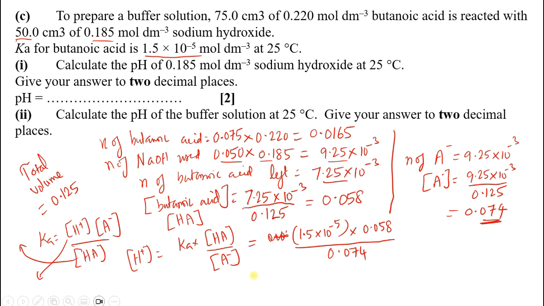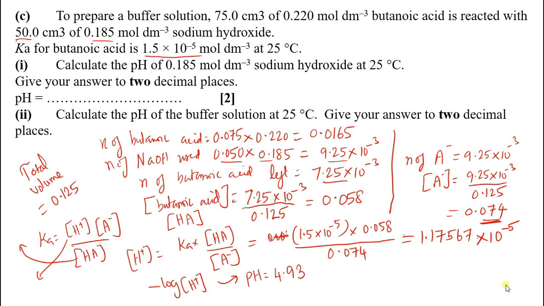So you put that in the calculator. Just substitute the values and you get the hydrogen ion concentration. Now to do the pH, you just have to do minus log of the H+ ion concentration, and then you get this, minus log of that value.